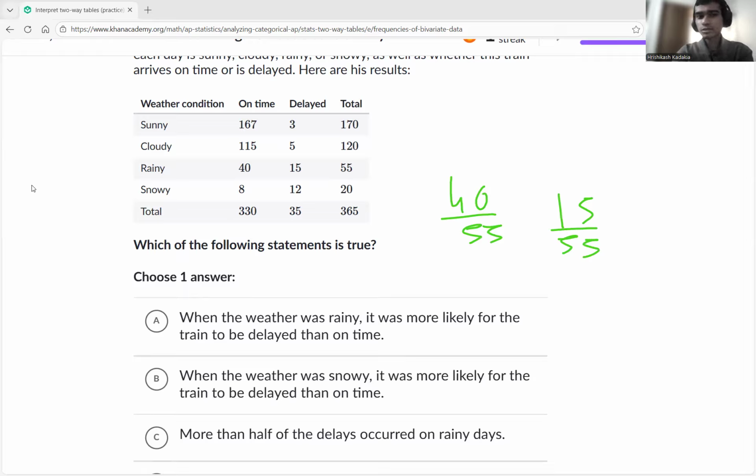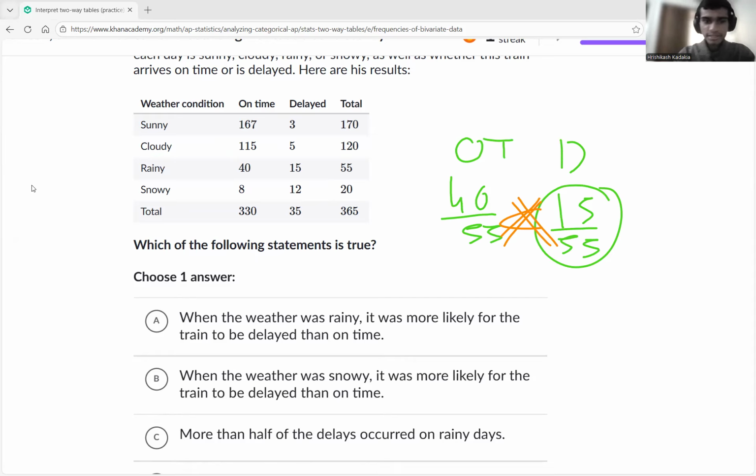Now if you look at both of these frequencies, they're saying it was more likely to be delayed. This is on time, OT, and this is T. So here they are trying to say that this one is greater. This can't be greater. 30 over 55 is greater. So it's more likely to be on time than to be delayed.